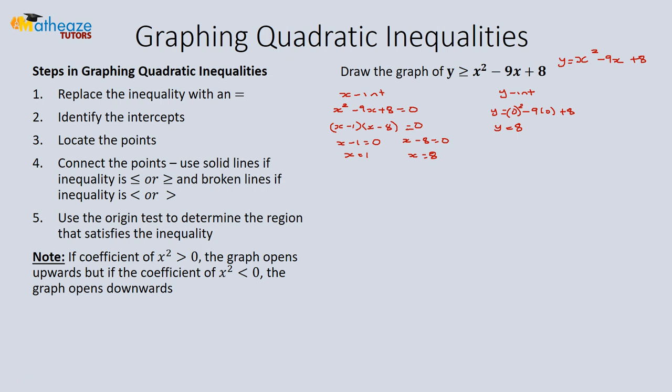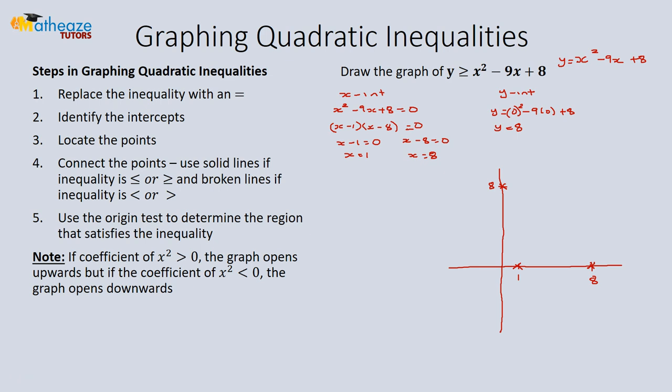So we have x equal to 1 and x equal to 8 for x-intercepts, and y equal to 8 for our y-intercept. So now we have the points, the intercepts. So we have 1 and 8 right here, and then we have 8 for the y-intercept.